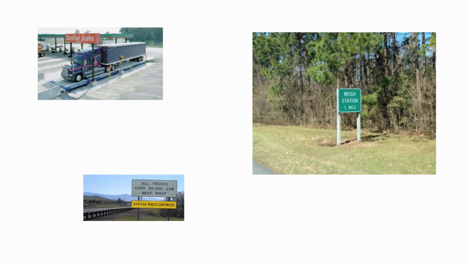One way to think about this lesson is using the right scale or using the right unit. This here is a picture of a big truck. You might have seen one of these weigh station signs, like all trucks over 20,000 something next right. They're gonna get you if you don't pull over. They're gonna get your license plate.